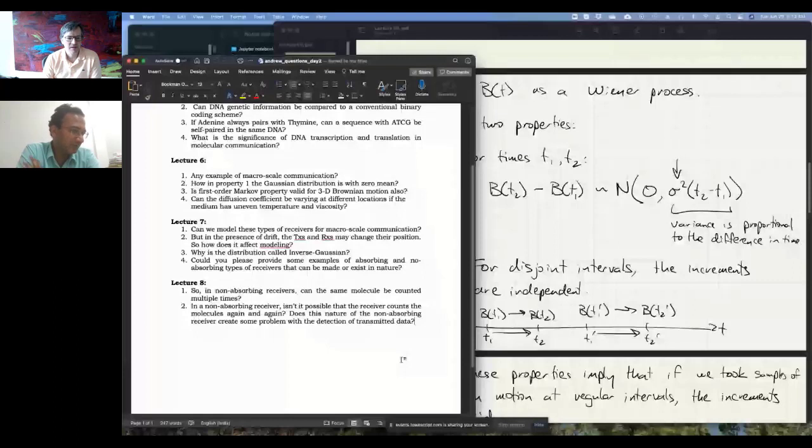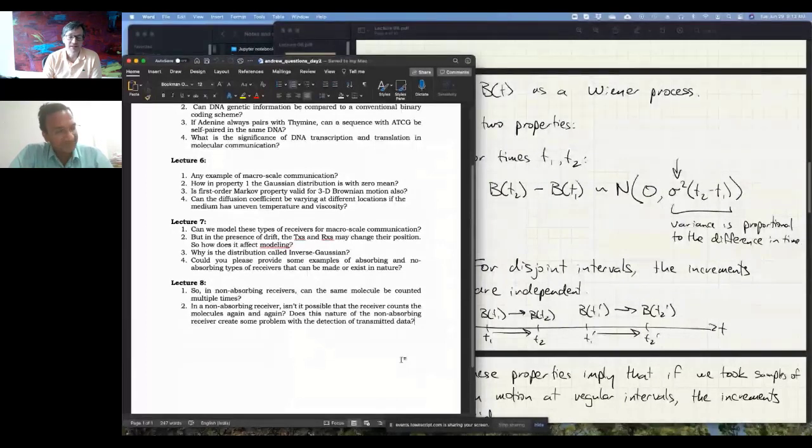So in practice, do we just focus on building absorbing receivers and not worry about this? Is that the way one would go about handling the experiment? It's a very good question. I would answer that in two ways. The way in which I've structured my research is, on the one hand, I look at theoretical limits.